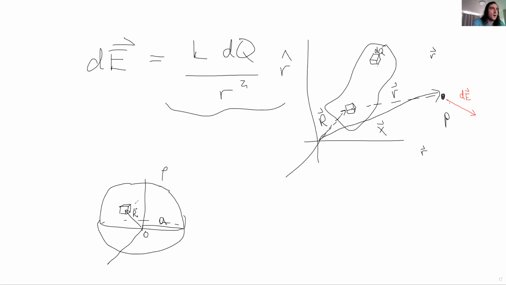Then from this volume element over to some point, let's be careful here. Here is the z-axis. We're interested in the point P right here. This is a P, not a rho. Then the vector from that element dq to here is the vector r.